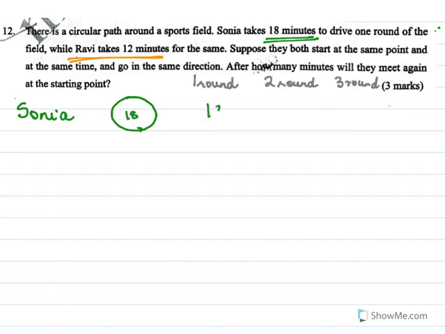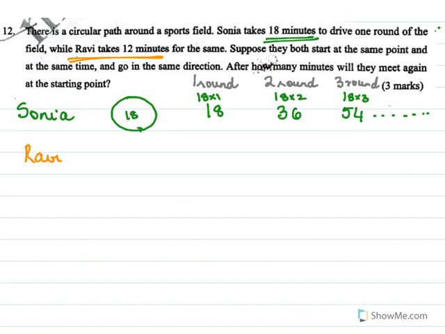So one round will be 18 minutes, 2 rounds will be 36 minutes, 3 rounds will be 54 minutes, and she'll go on. These are all tables of 18. For the first round it is 18 into 1, second round 18 into 2, third round 18 into 3.